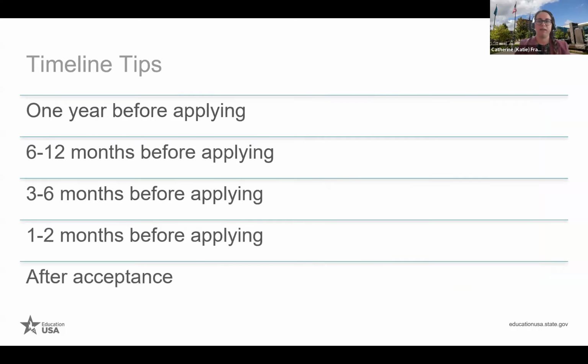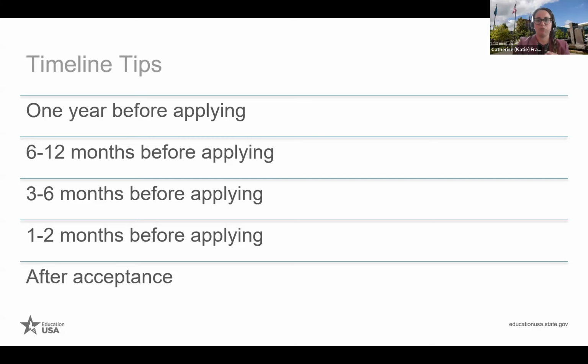So here's the timeline. One year before applying is a good idea. That gives you a lot of time to look up several universities and know everything by the time you actually go to apply. Six to twelve months before applying, you're contacting professors, getting a little bit more specific information.